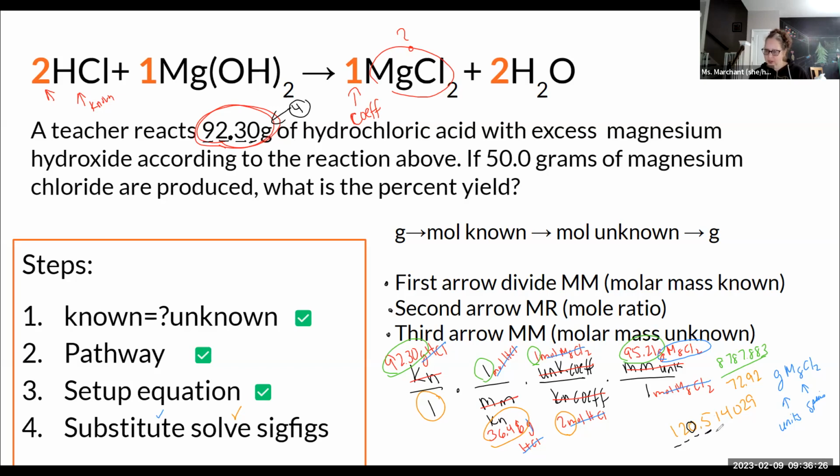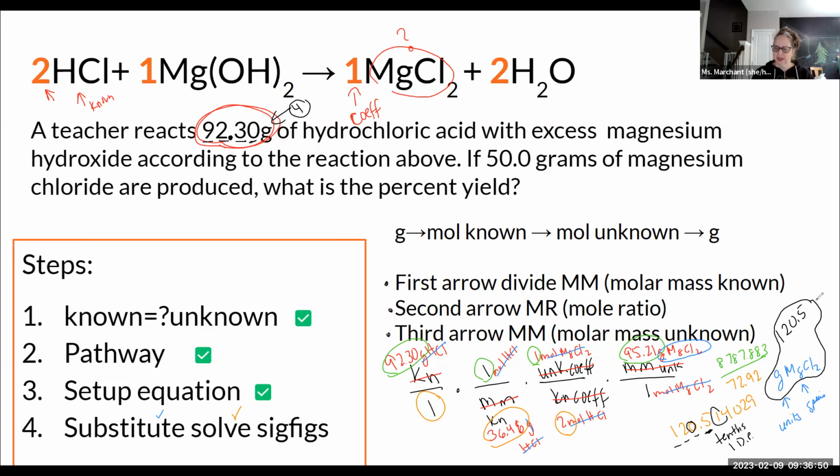So I'm going to be rounding to the tenths. If the question asks round to the nearest tenth, that's the same thing that I'm doing here. In this particular problem, 4 sig figs gets me the tenth or 1 decimal place. I look next, it's a 1, so this is closest to 120.5 grams of magnesium chloride.